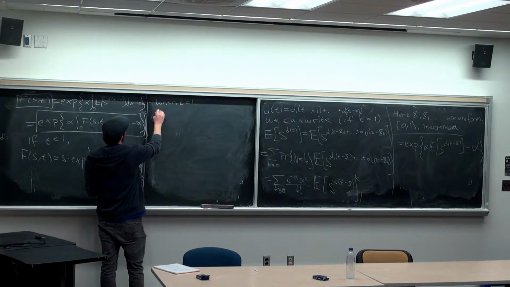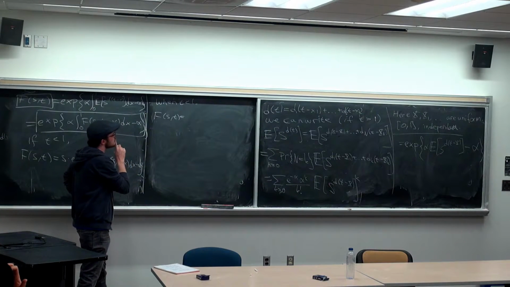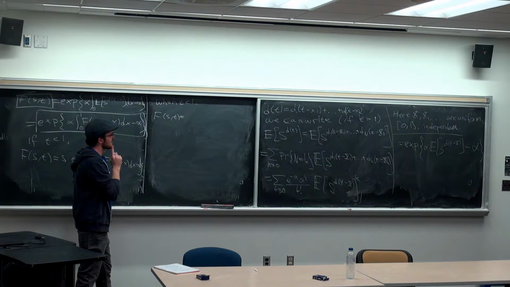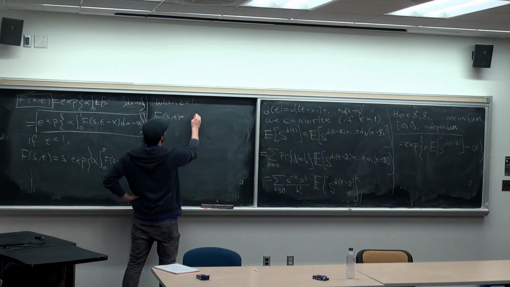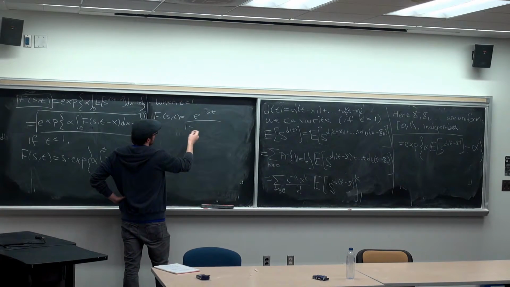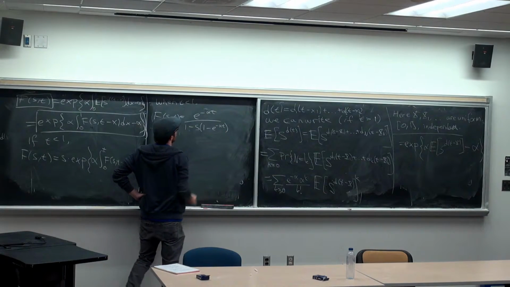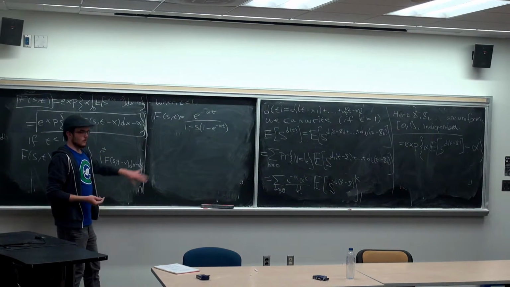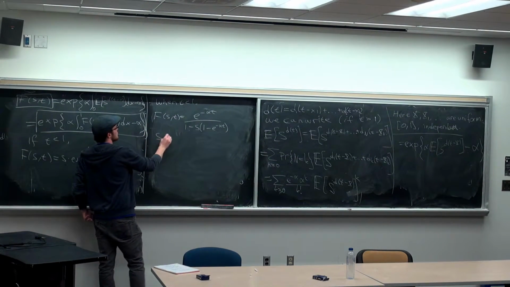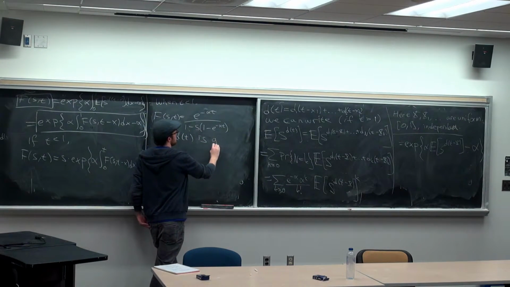To see that this is equal to, it's geometric. I brought up the geometric one before, so it's e to the negative alpha t divided by 1 minus s times 1 minus e to the negative alpha t. So yeah, what we will read off from here is that it's geometric.